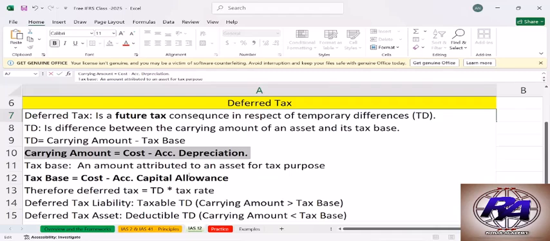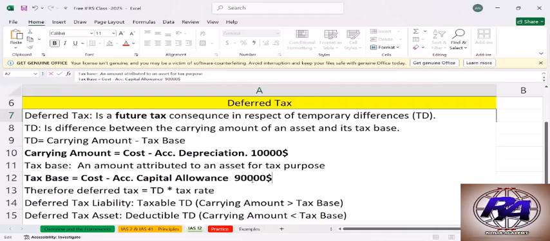The difference between these two: let's say you determine your carried amount and the figure is $100,000, and you determine your tax base and the figure is $90,000. It is just for you to see whether it is a deferred tax liability or a deferred tax asset.